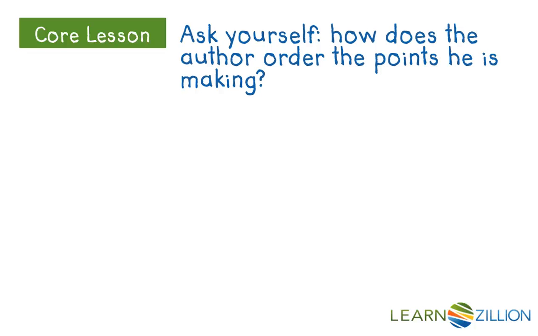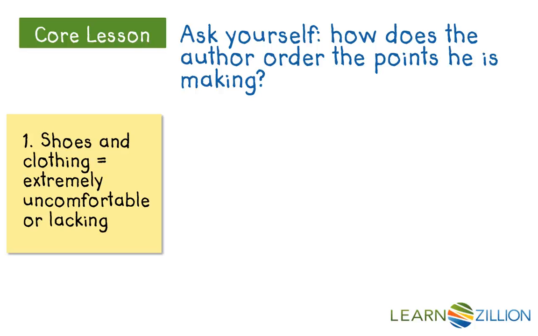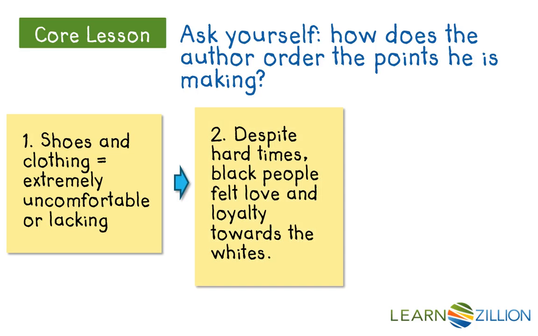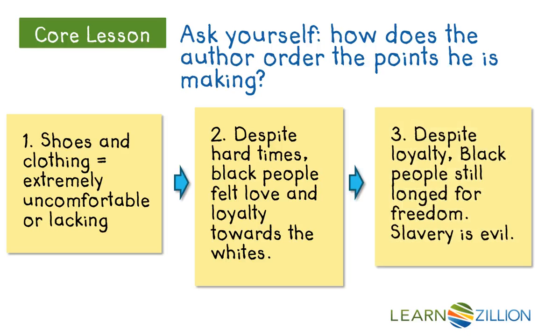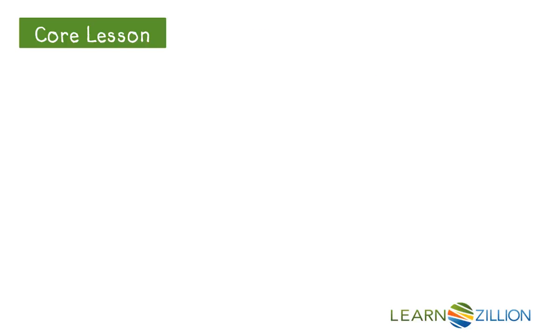The next step is to ask yourself, how does the author order the points that he is making? That first paragraph I looked at said that shoes and clothing were extremely uncomfortable or lacking. The next one said that despite hard times, black people felt love and loyalty towards the whites. And the third said that despite loyalty, black people still longed for freedom, and that slavery is evil.